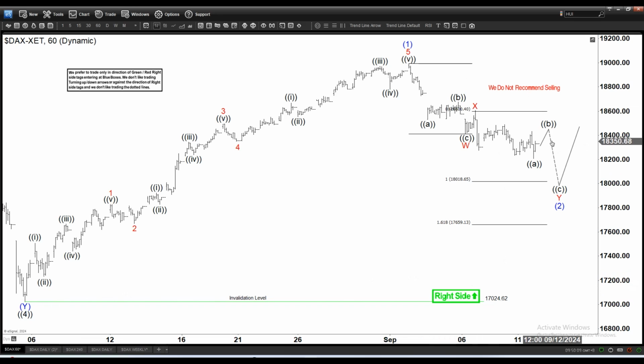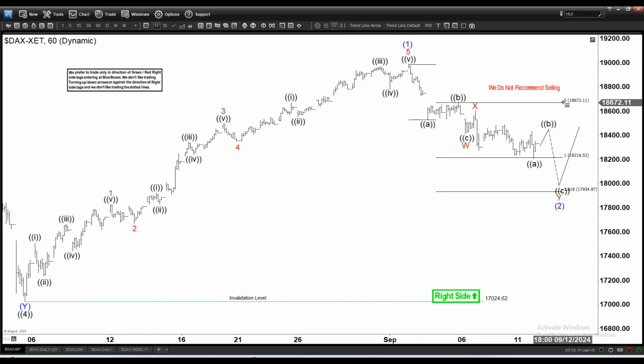Now, what if it doesn't go down? It's possible. If it starts to rally like this, then we call it truncation, which means that the cycle is complete without ever reaching the ideal 100% extension area. The 100% could have been this one also. There are some flexible degrees that you can play around with in the labeling here.